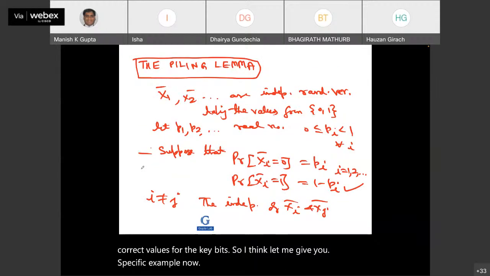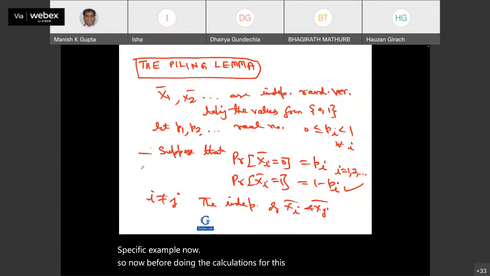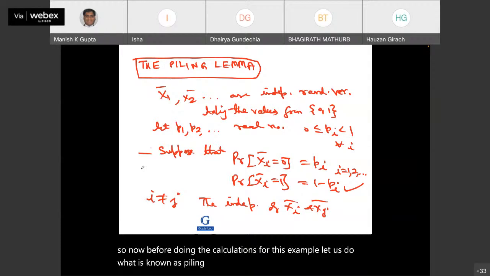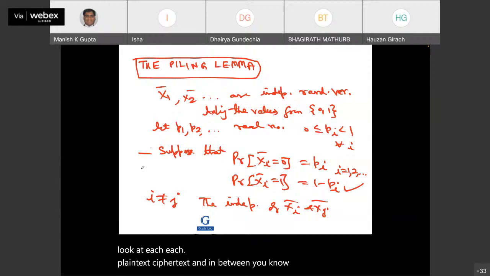Before doing the calculations for this example, let us look at what is known as the piling-up lemma. I will look at the plaintext, ciphertext, and the bits in between, like ui, vi, and so on, the input bits and output bits, which correspond to random variables.